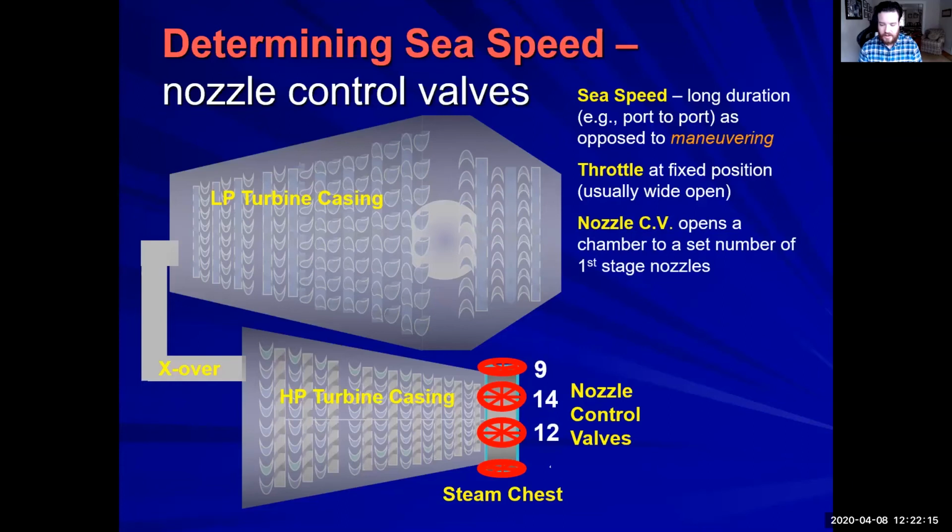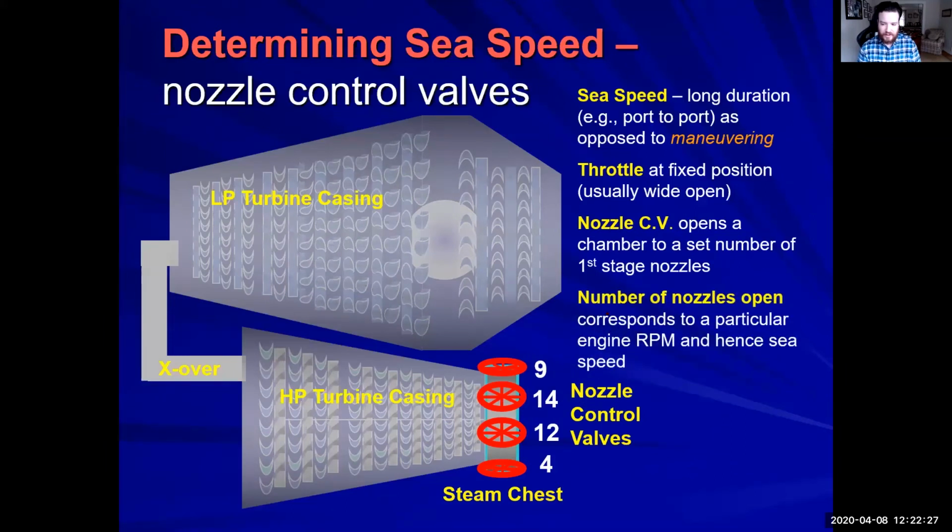We have the nozzle control valves. Each opens a chamber to a set number of first stage nozzles. And the number of nozzles open corresponds to a particular engine RPM and hence C speed. So these are particular RPMs.